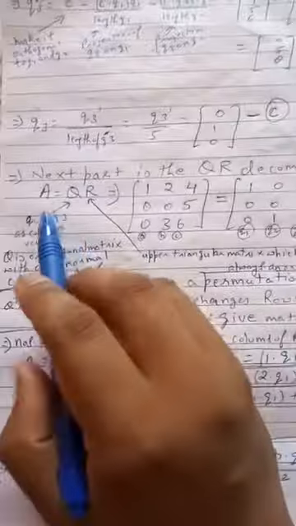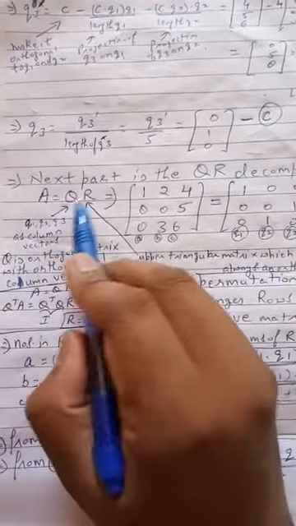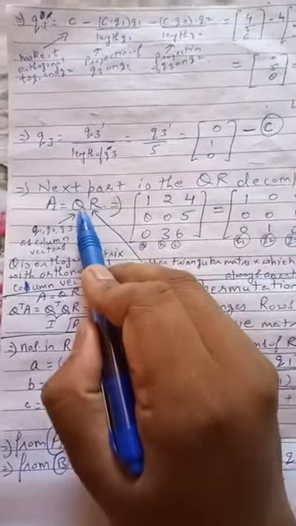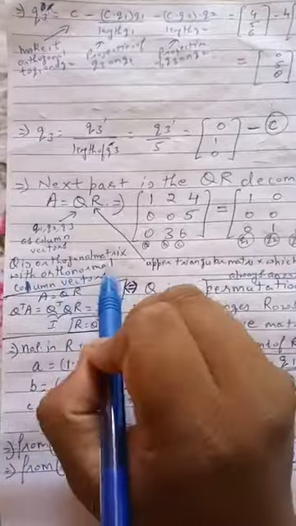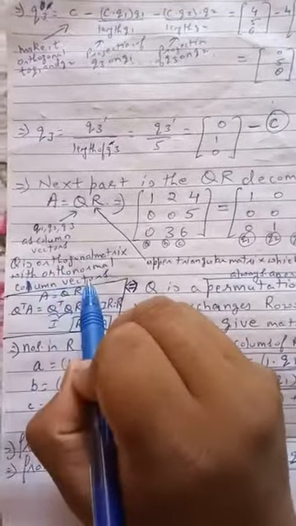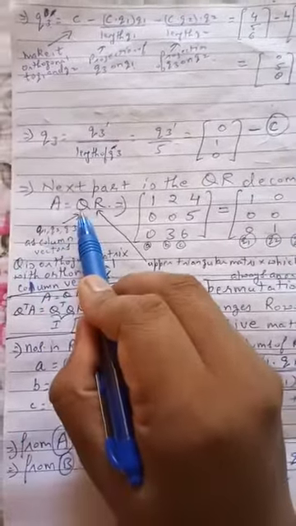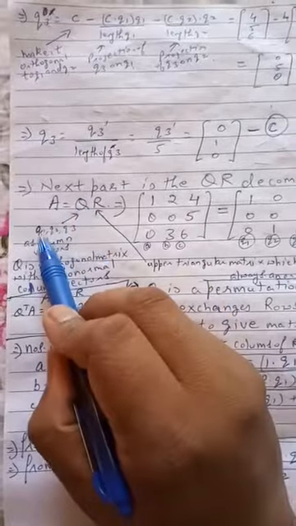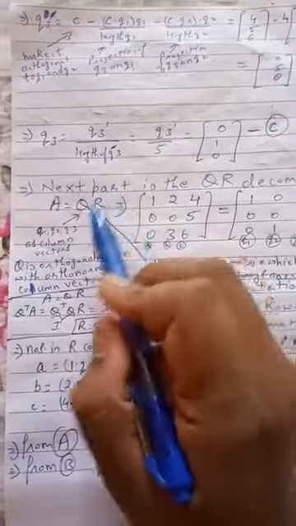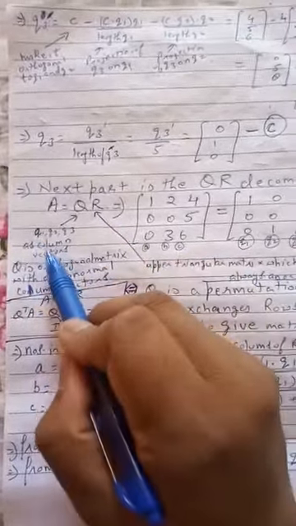Now in the next part, we need to find the QR decomposition. From the notes, you would have seen this equation A equals QR, where Q is an orthogonal matrix with orthonormal column vectors. That means the matrix Q will just consist of Q1, Q2 and Q3, which we have found previously, as the column vectors.